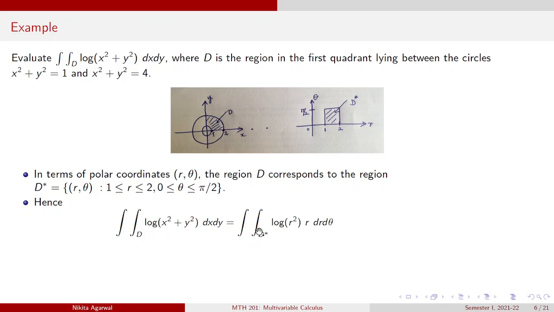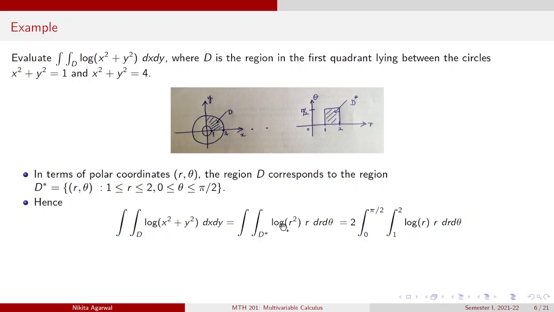The region is D star, which is this rectangle, and dx dy is replaced by r dr d theta. So now you have something very nice, right? Now you know what the limits are. Because what are these limits? These limits are nothing but the limits of this rectangle, right? So theta goes from 0 to pi by 2 and r goes from 1 to 2.